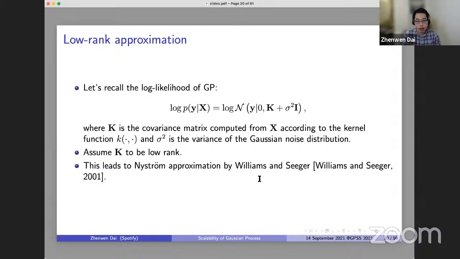Let's recall that the Gaussian process log likelihood is the log of the multivariate normal of y, with zero mean and covariance matrix K plus sigma squared I. When we talk about the low rank matrix, we're talking about K, the prior covariance matrix among the training data. A particular low rank approximation is called the Nyström approximation, developed by Williams and Seeger in 2001.